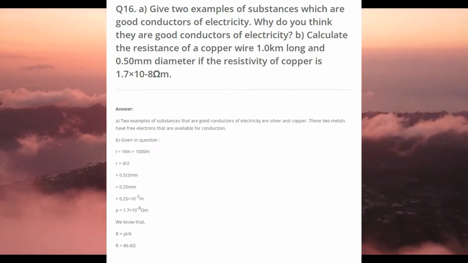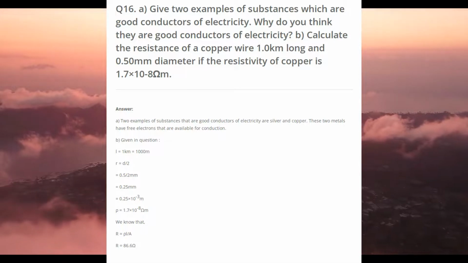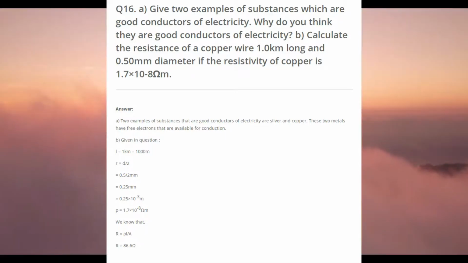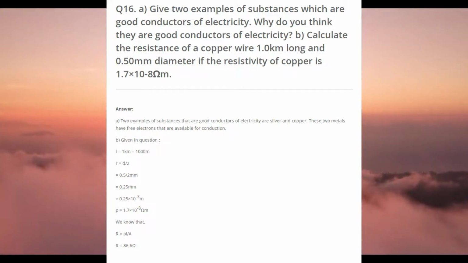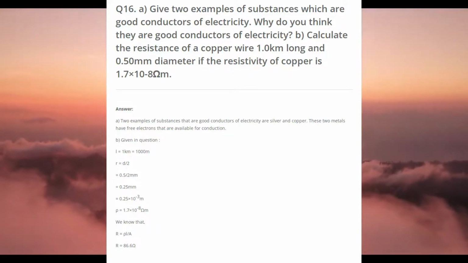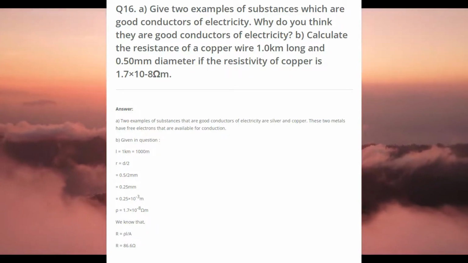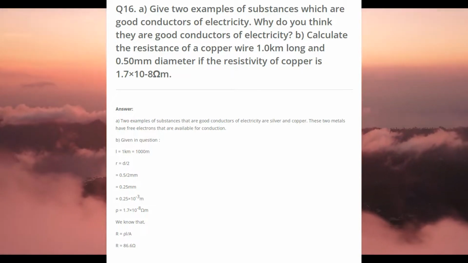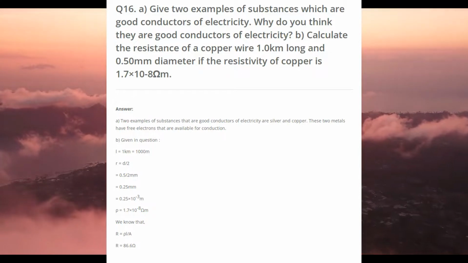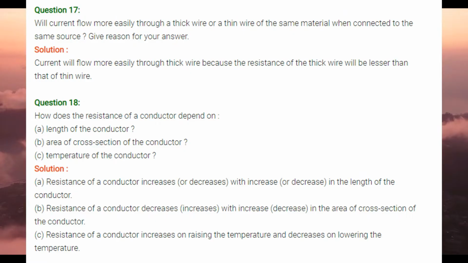Since diameter equals 0.50 millimeters, radius equals 0.5 by 2 millimeter equals 0.25 millimeters equals 0.25 into 10 raised to minus 3 meter. ρ equals 1.7 into 10 raised to minus 8 ohm meter. We know that R equals ρ into L upon area. R equals 86.6 ohm.